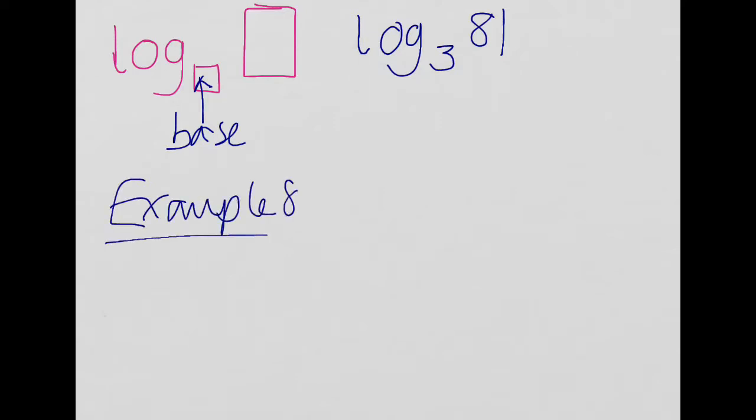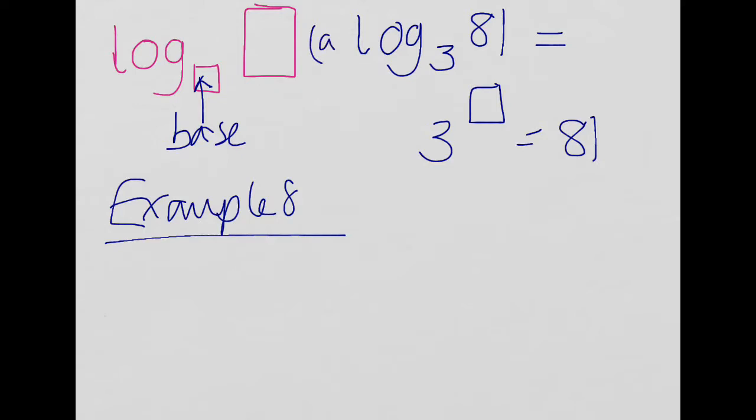So to do it without a calculator, what you need to do is rewrite this in a format that might help you. You can say, well, 3 to the power of something is my base, because remember, the base to the power of whatever the answer is equal to 81. If you work that out by doing 3 times 3 times 3 times 3, you should get to 81.